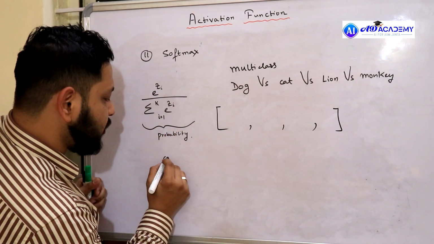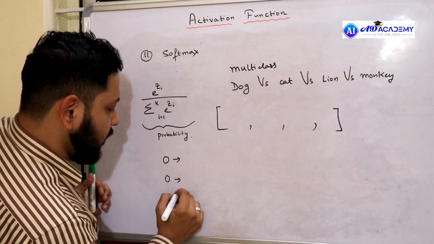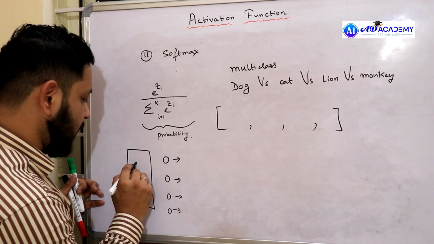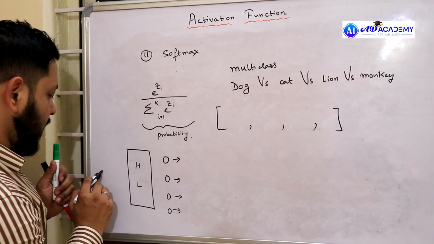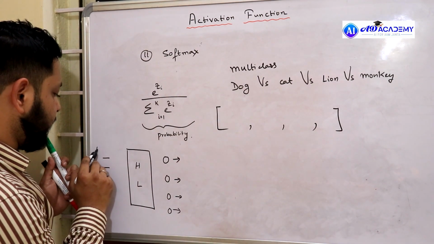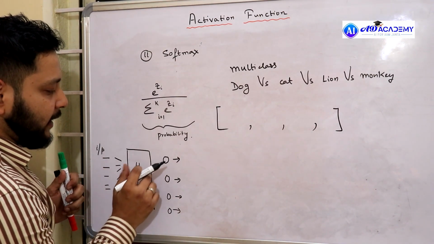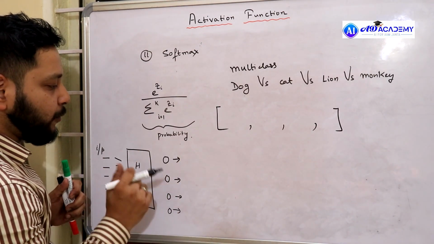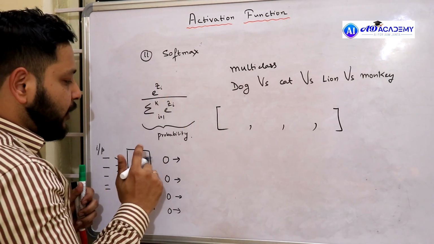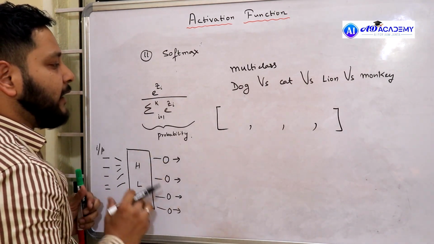So for each of the outputs, here we have the hidden layer, and here we are giving different kinds of input. This is the hidden layer, and this is the last layer, that is the output. So it is giving different kinds of probabilities. This calculation we do in this region, and after calculating it we find the probability.